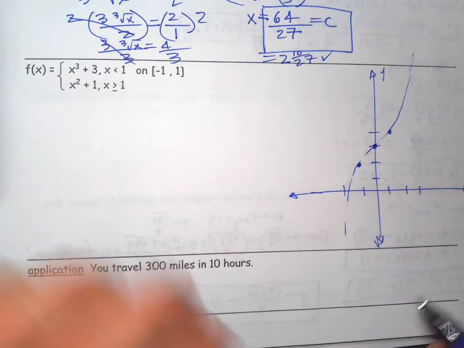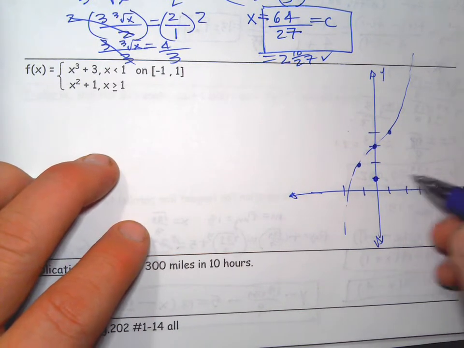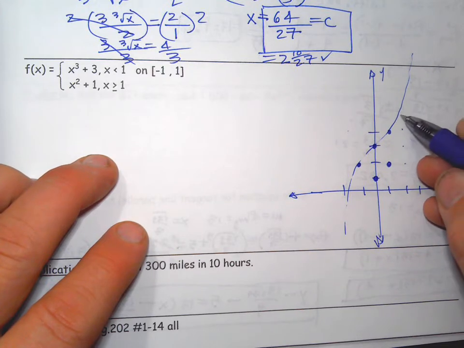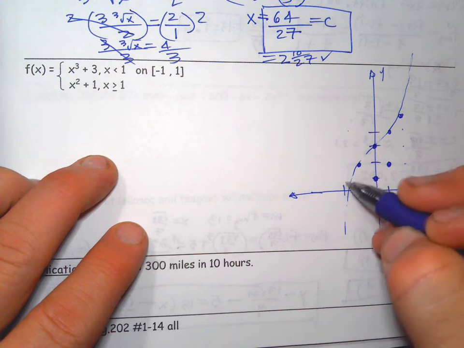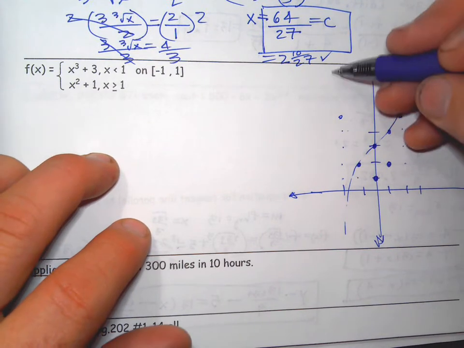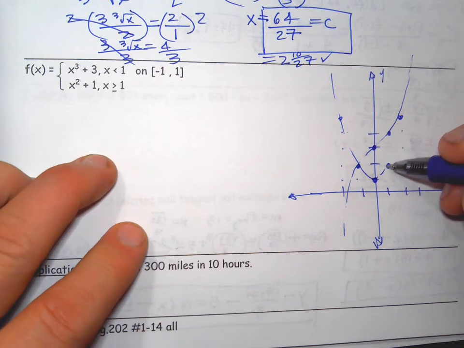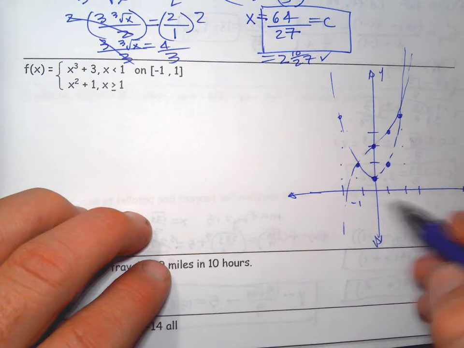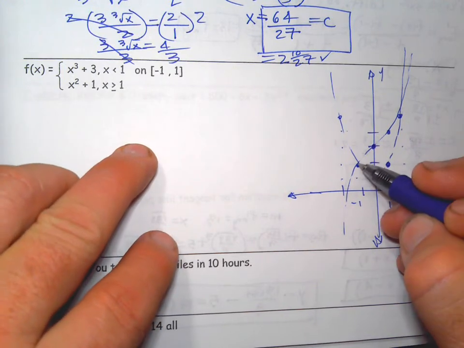Okay, and then the other one's a parabola. It's been moved up 1, over 1, up 2, over 2, up 4. Both sides, over 2, up 4. So it's kind of like this. Okay, now from -1 to 1, it's the cubic.